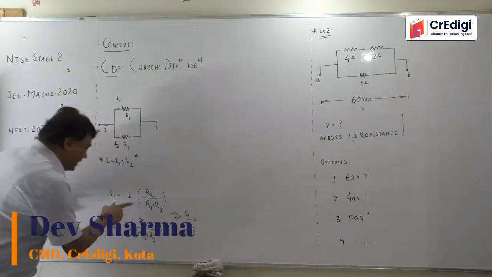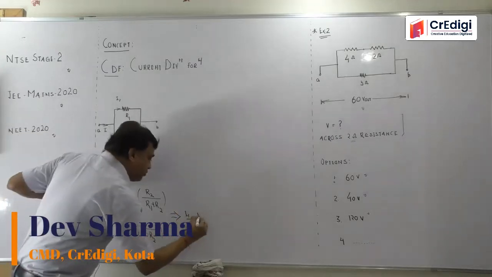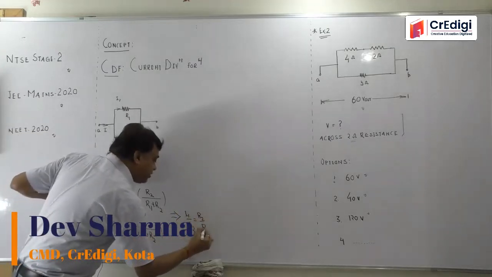Then I cancels, R1 plus R2 cancels, and you get I1 upon I2 equal to R2 by R1.